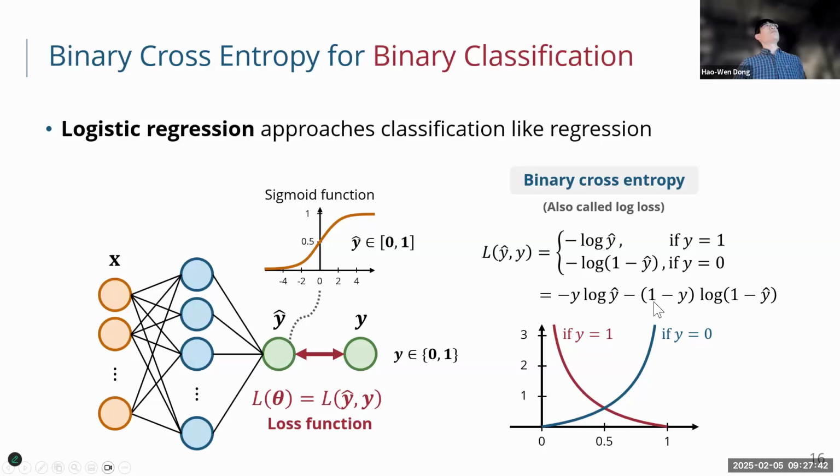So sometimes you will see it like this, another terrifying form, but these two are equivalent. Sometimes it's very hard to judge why they are equivalent, but if you plug in y equals 1, then this term just cancels out. You get the first term. If you plug in y equals 0, then the first term cancels out, then you get the second term.